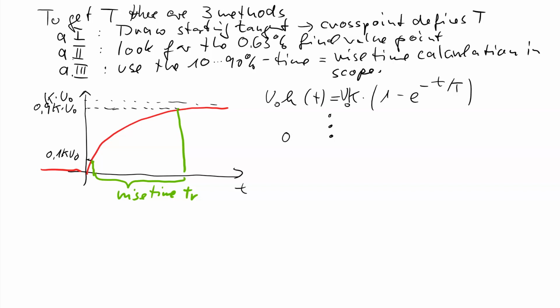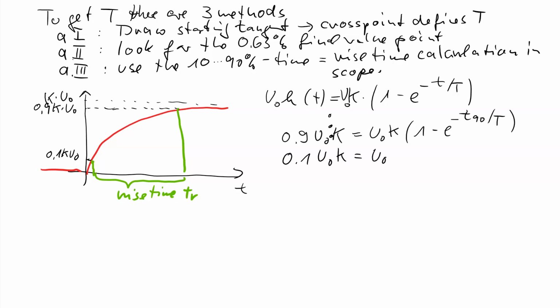I write it as 0.9 times U sub O times K. That is a 90% value, is U sub O K times 1 minus e to the power of minus t90 over T. With the second equation, 1 minus e to the power of minus t10 over T. Then we have two equations with two unknowns.